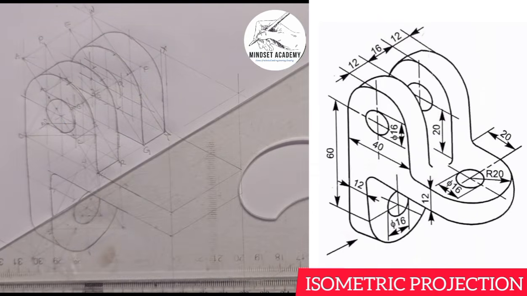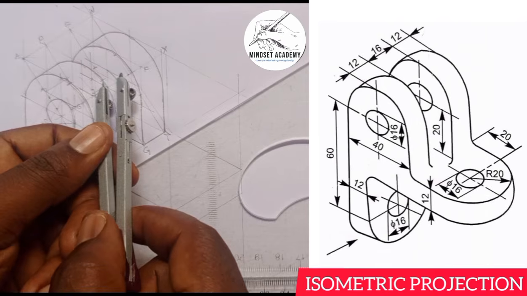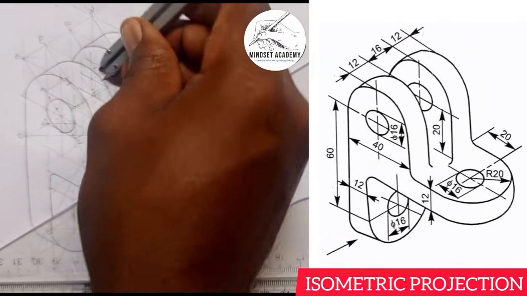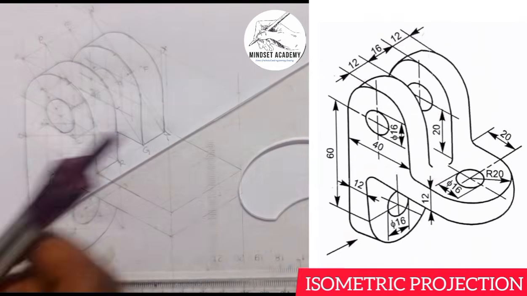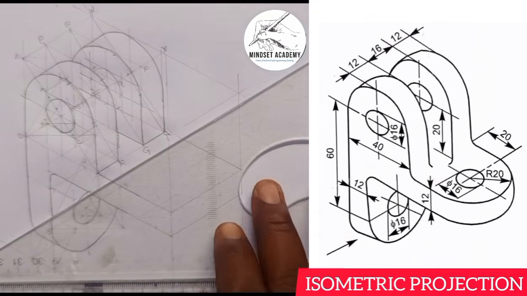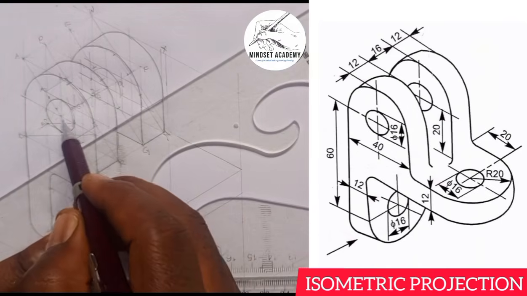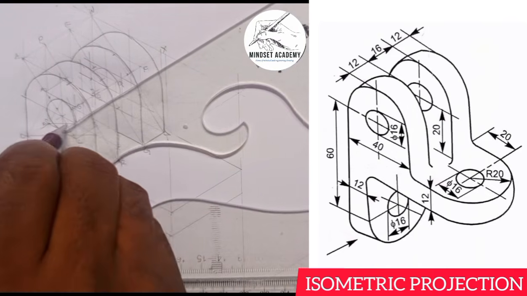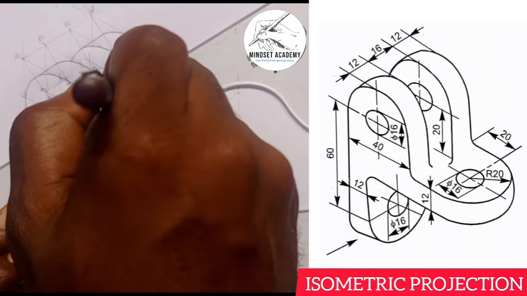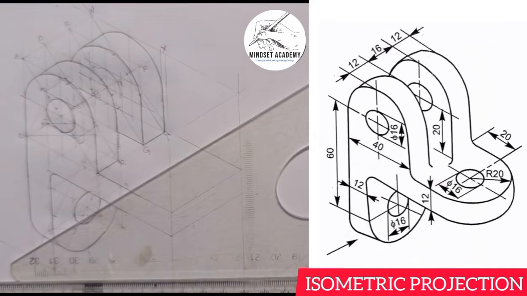That one used to get the other one. So I can easily thicken it out. And the other one here too, this arc used to get this, transfer it here. That's what we use to get this.